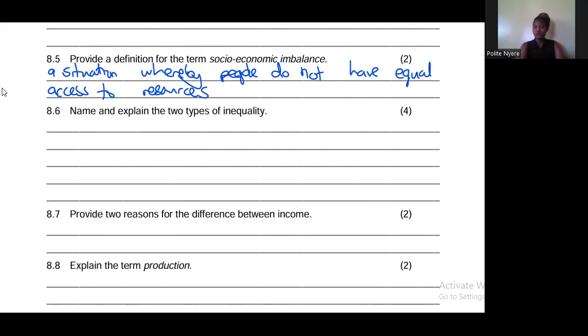Especially the resources we're talking about are land, labor, capital. Those are the things that can lead to socio-economic imbalance.